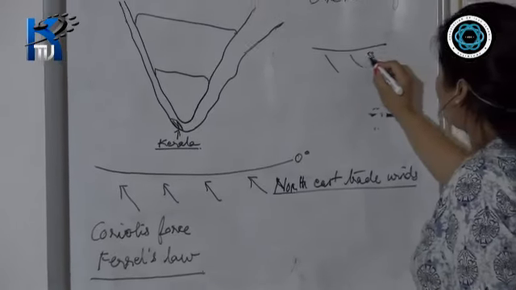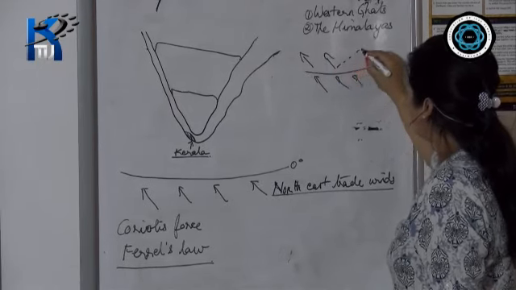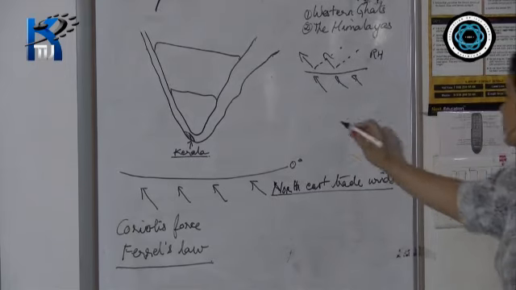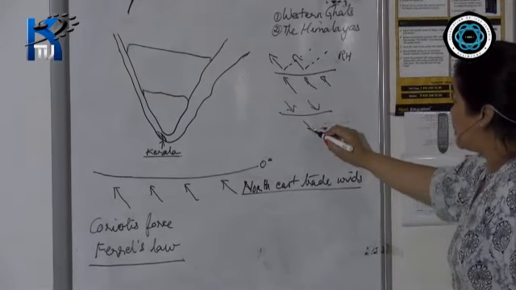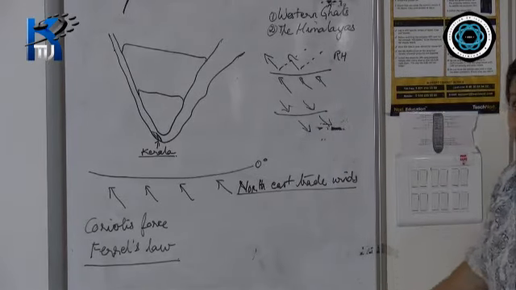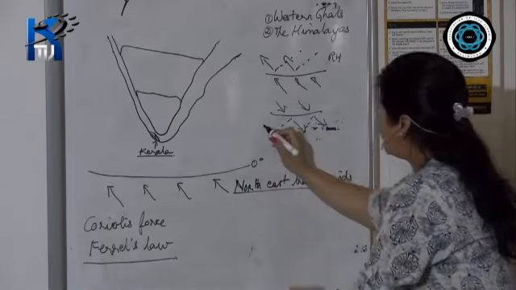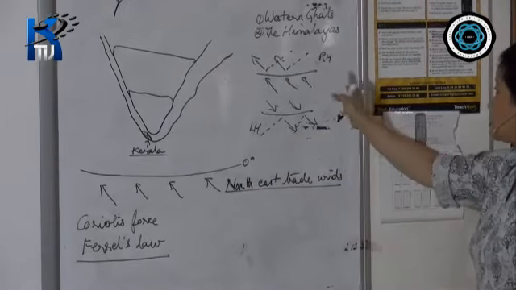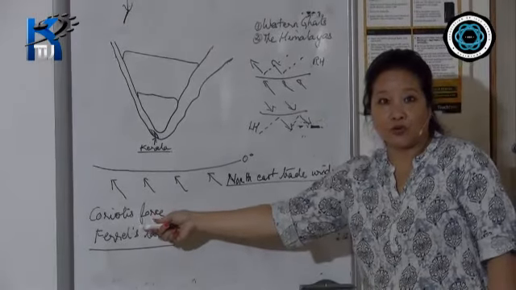And winds blowing from the northern hemisphere, instead of going straight, get deflected towards the left hand side. Okay, so this movement is caused by the Coriolis force.